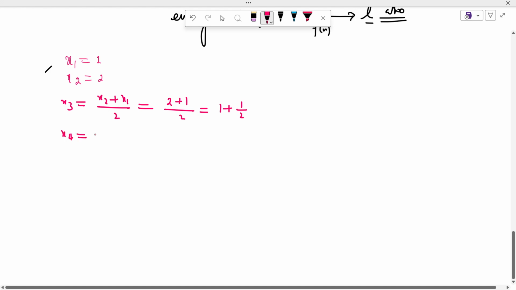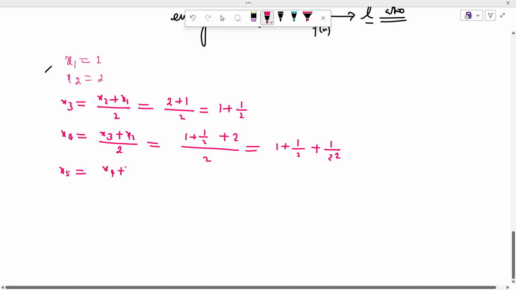What is x4? x4 is (x3 plus x2) by 2. What is x3? x3 is 1 plus 1 by 2, and x2 is 2, so 2 by 2. So this is 1 plus 1 by 2 plus 1 by 2 square. What is x5? x5 is (x4 plus x3) by 2.